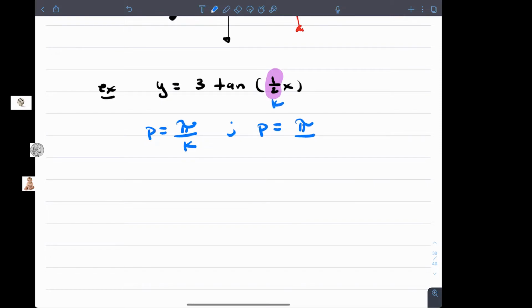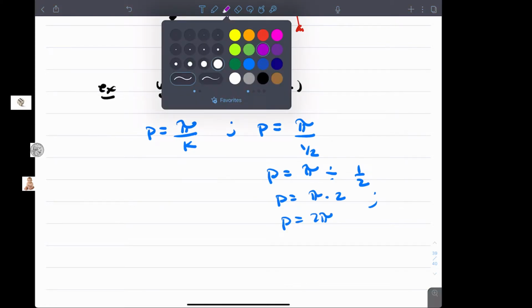So if k is 1/2, what's pi divided by 1/2? Pi divided by 1/2 is pi times 2. So my period is 2 pi.